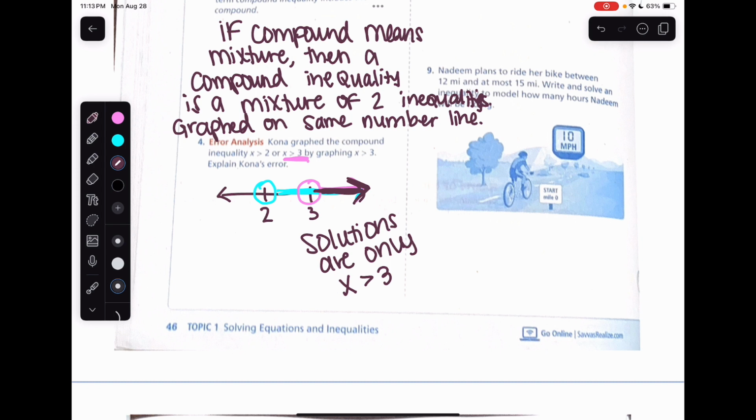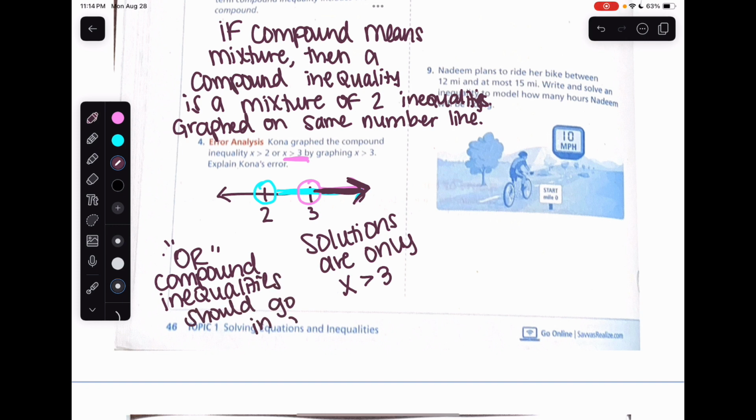So if he graphed that inequality, and if it's supposed to be an or, the or statements are supposed to go in different directions. Okay, if it's an or compound inequality, these or compound inequalities should go in different directions.